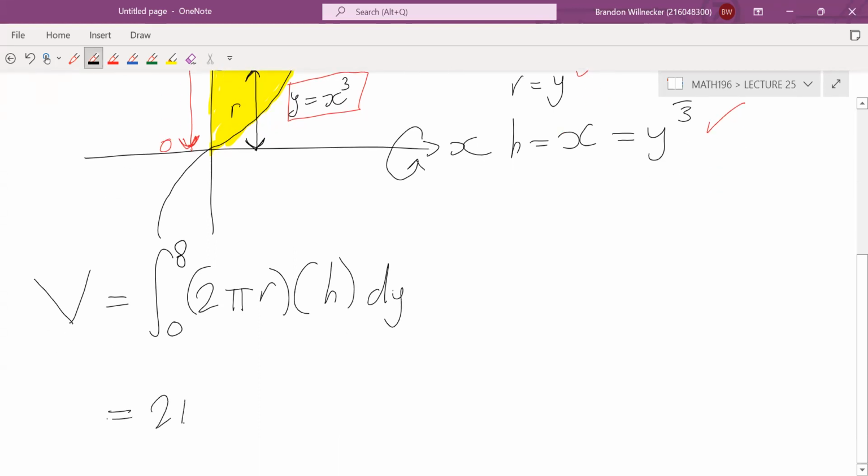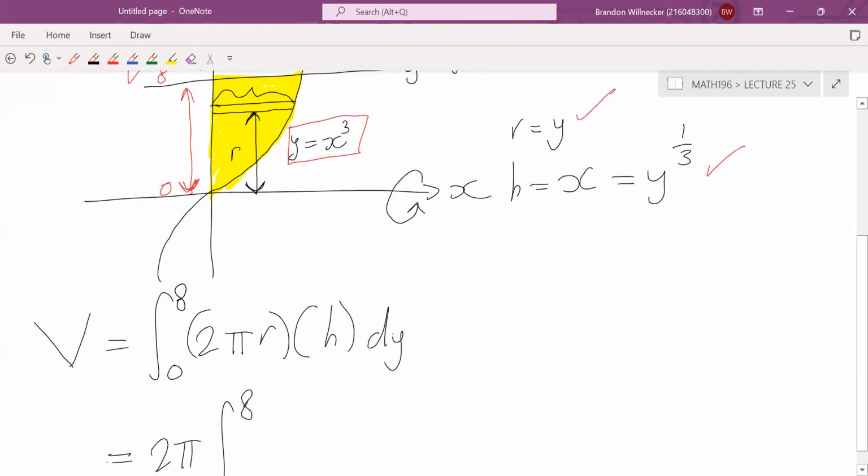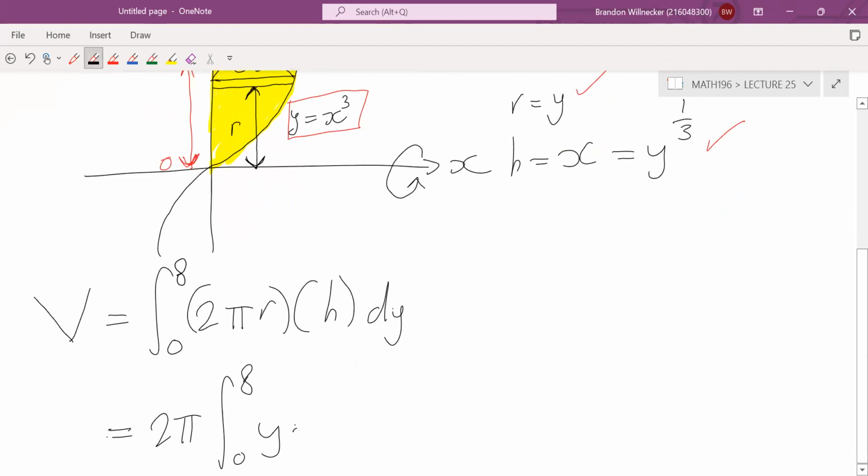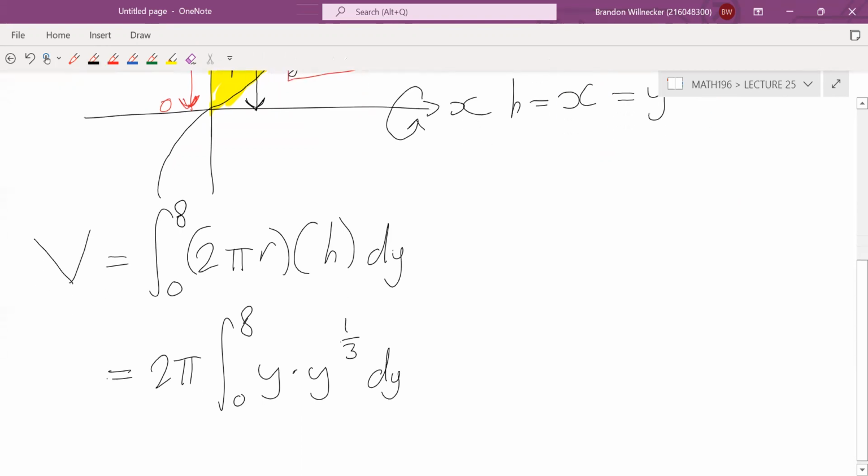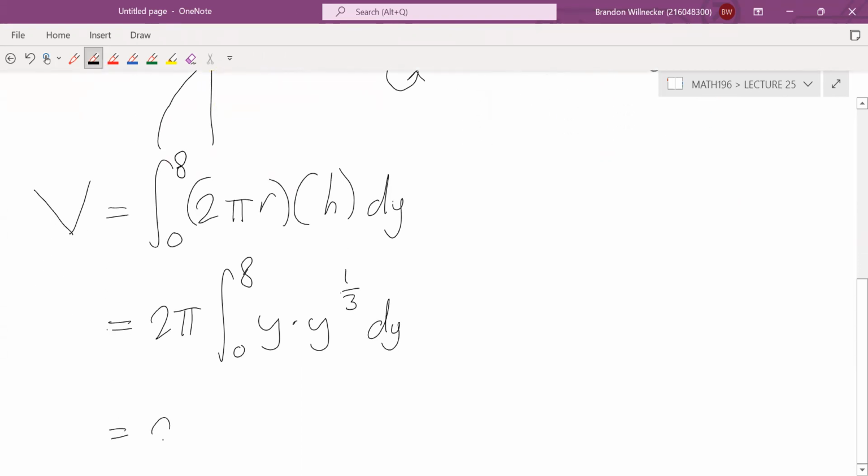So this is going to be 2 pi integral from 0 to 8. The radius is just y, and the height is y to the 1/3, dy. Okay, so that's going to be 2 pi integral from 0 to 8 of y times y to the 1/3. We add the exponents, so we get y to the 4/3.